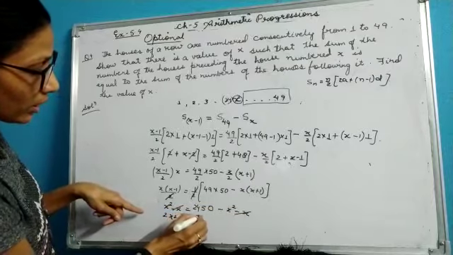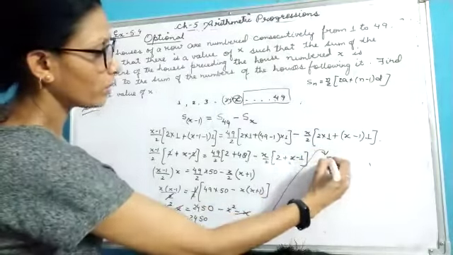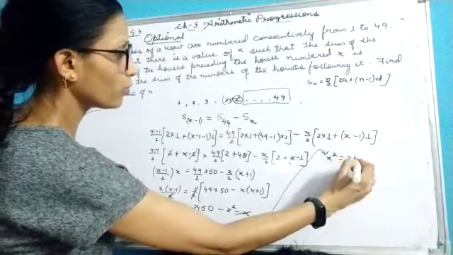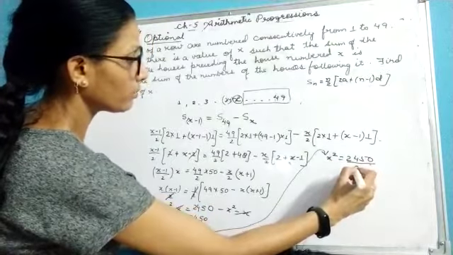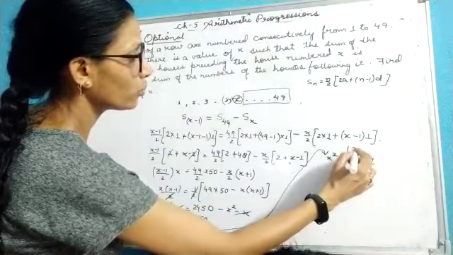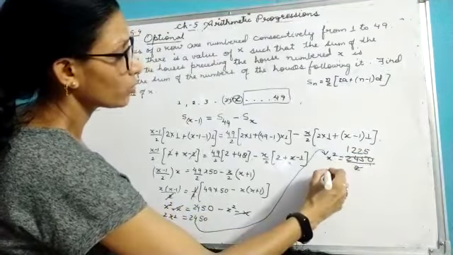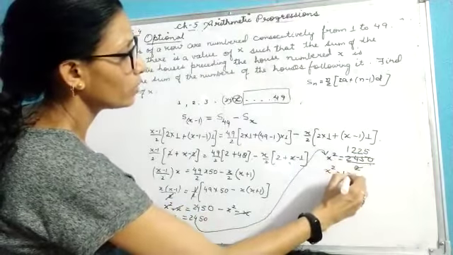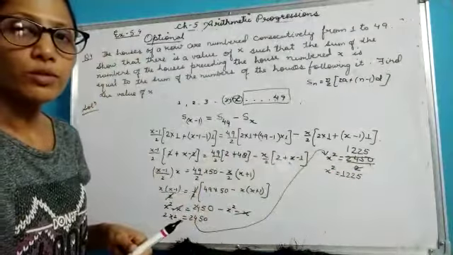So I am getting 2450. Now I'll simplify it further. So x square equals 2450 by 2. So 2 1s are 2, 2 2s are 4, 2 2s are 4, 2 5s are 10. So here I am getting x square equals 1225, and I can calculate the value of x.